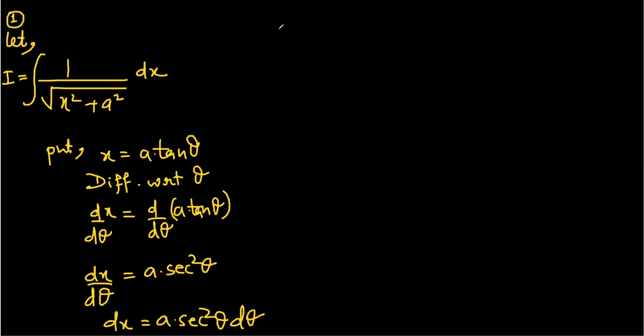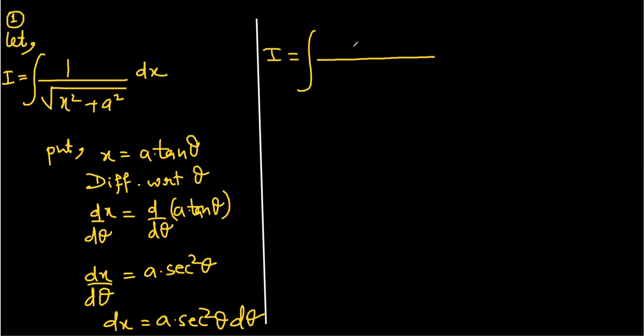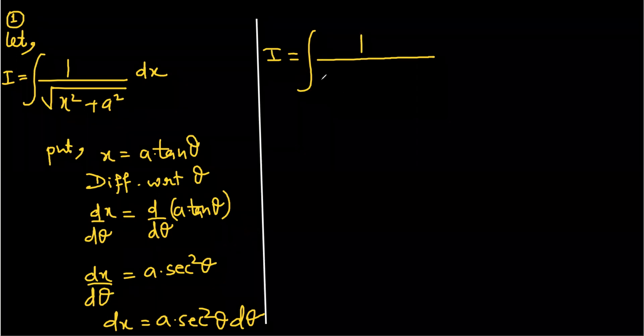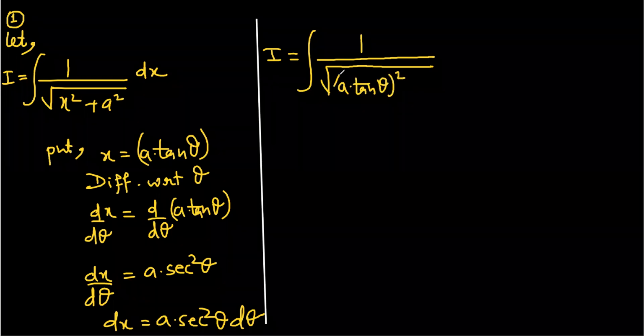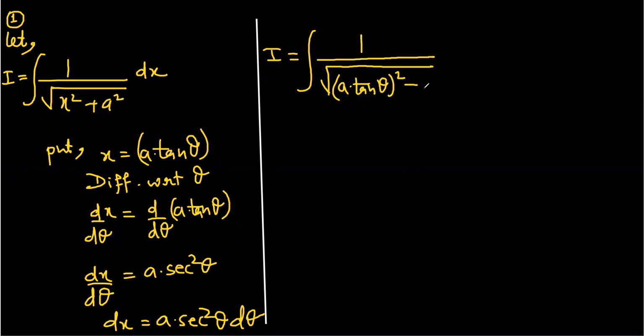So the next step is to write the new integral. The new integral will be completely transformed into theta. So 1 over the square root of x square plus a square. What is x? x is a tan theta, so I have a tan theta whole square plus a square. And what is dx? dx is a sec square theta d theta.